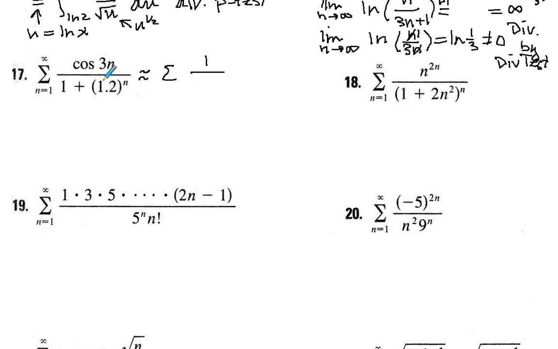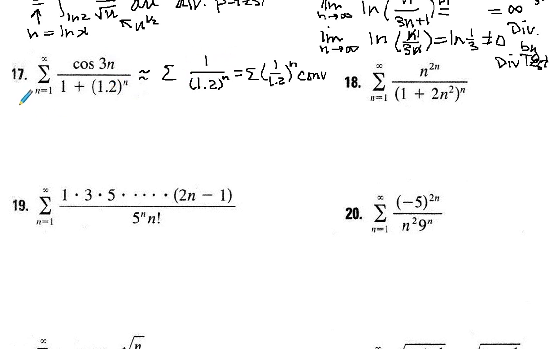And then on the bottom, the dominant term is the exponential, the 1.2 to the n. And then 1 to the n is the same as 1, so you could write this as the sum of 1 over 1.2 to the n. And this inside is less than 1, and it's an n power. This is a geometric series. This guy converges. Okay, so I think this converges too, because this is an overestimate.